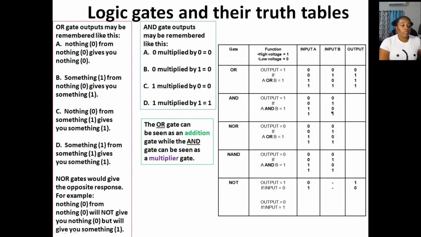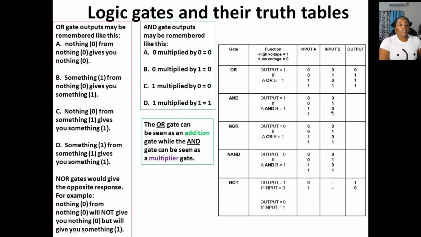Something from nothing gives you something. Nothing from something gives you something. And something from something gives you something. So when you see the zeros, you know that means nothing, and 1 means something. NOR gates will give the opposite response. For example, nothing from nothing will not give you nothing, but will give you something, right?